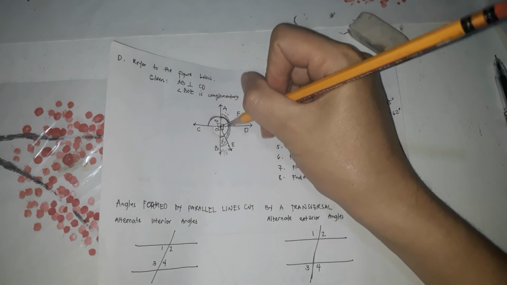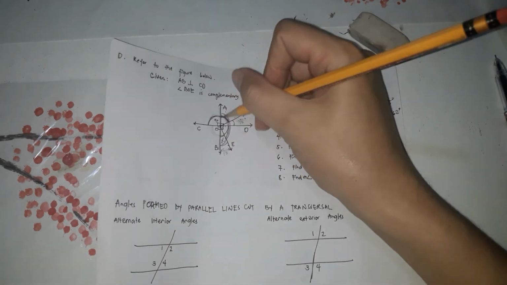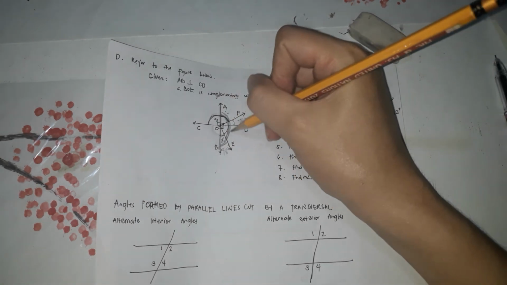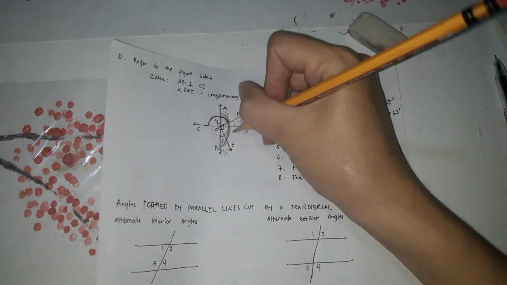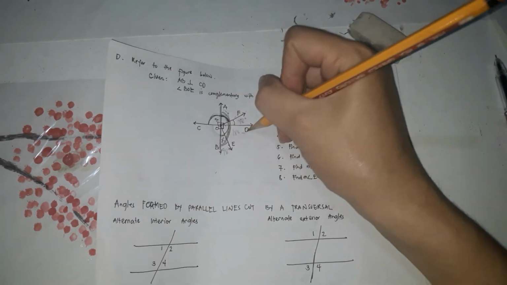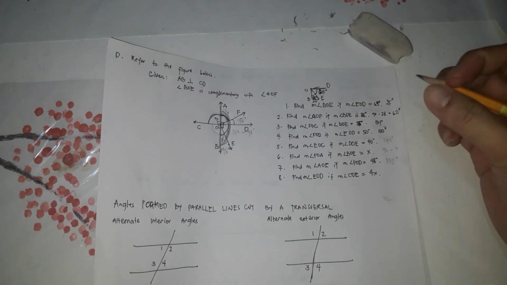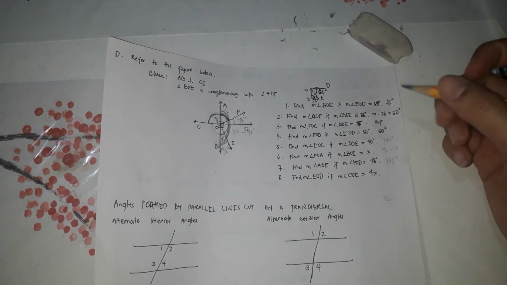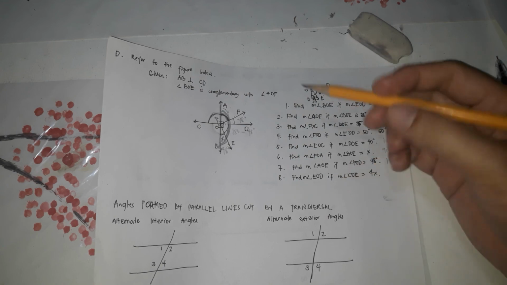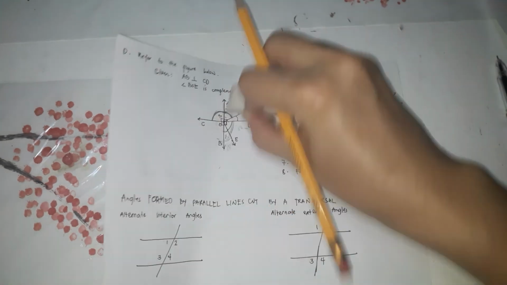Because it formed a line, kasi line ito, diba? So ito siya, ang measure nito is 180, bawasan natin ng 48, which is 132 degrees. So 132 siya.